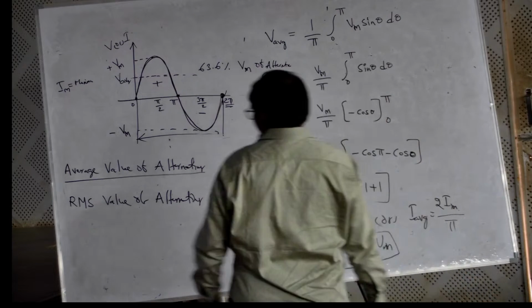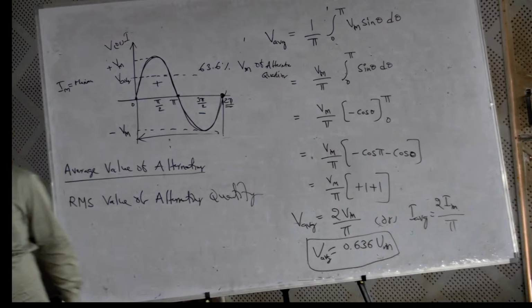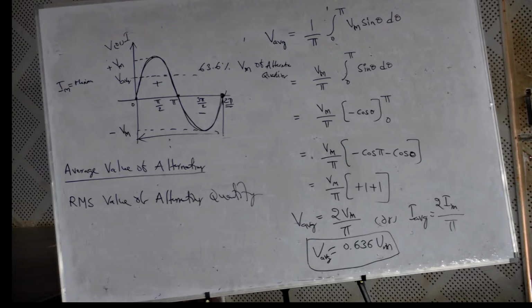For DC, how many values do we have? Only one value, like a 10 volt source or a 15 volt source. But for AC, what voltage do we say for our house or this institution? 230 volts, AC voltage.